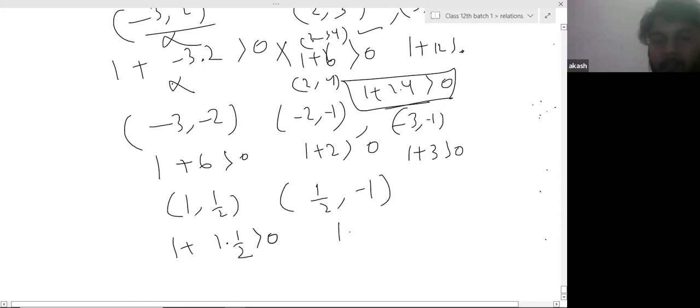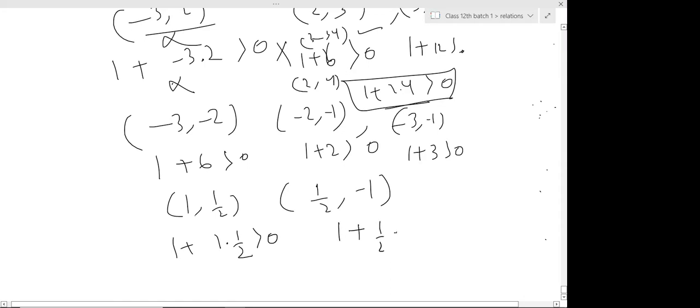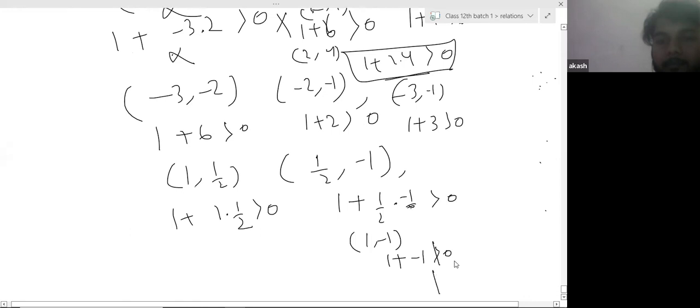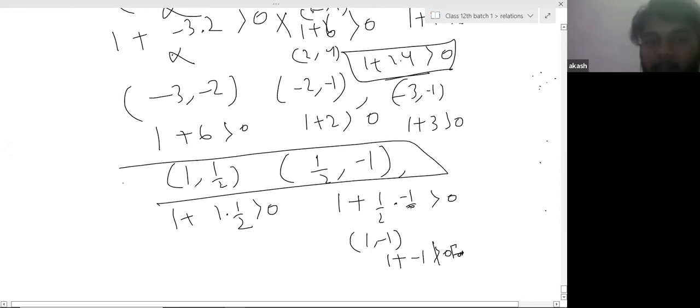That is true. 1 plus half times -1 is also greater than 0. Absolutely right. And the transitive property gives us 1, -1. So 1 plus -1 is not greater than 0. Absolutely right. So this is the example you can take.